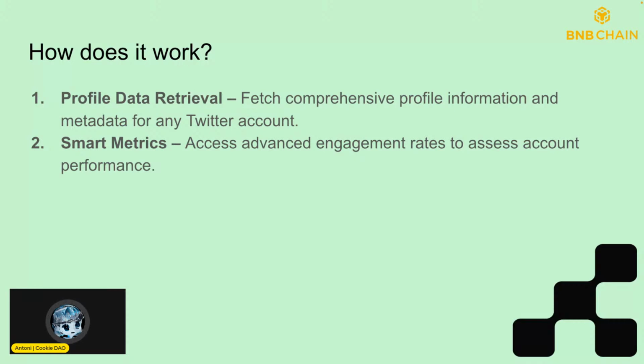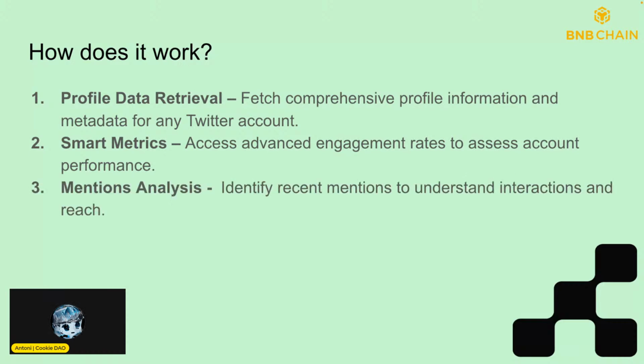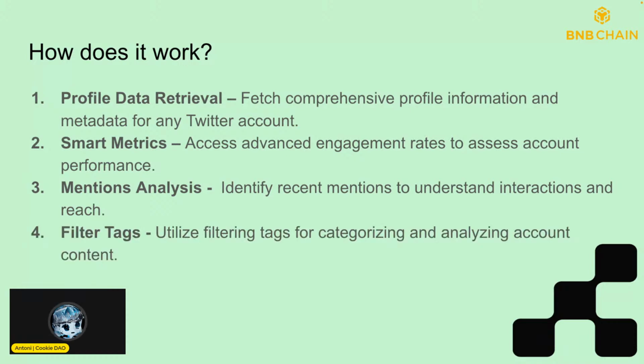This is very important, especially given the number of bots now present on crypto Twitter. We can also digest which accounts to follow when it comes to market calls or alpha calls. In the mention analysis, we can see which accounts, which token tickers, and which projects are being mentioned.